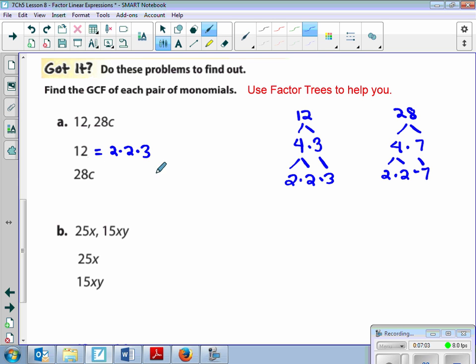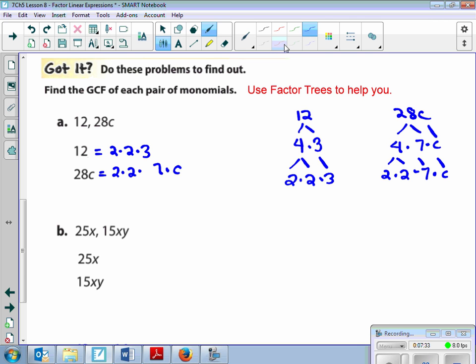Oh yes, and there's a C there too. So this is 28C, thank you. So I should have brought down the C here, and then brought down the C there. You got it? So the prime factors are 2 times 2 times 7 times C. You guys remember I like to leave space when there's nothing in common there.